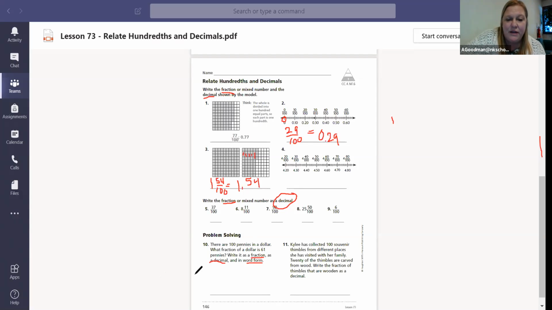So let's look at that. So we have 61 hundredths. There's my fraction. The decimal would be 0.61, and word form would be sixty-one hundredths.